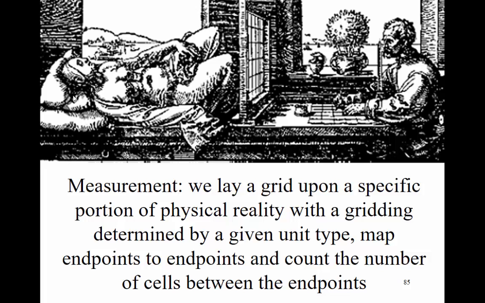It doesn't work for temperature. So we use a grid on a temperature scale in order to read off the temperature value, but you don't get a temperature of 20 degrees by taking 2 instances of 10-degree temperature and adding them together, in the way in which you get a 20-inch length by adding 2 10-inch lengths together.